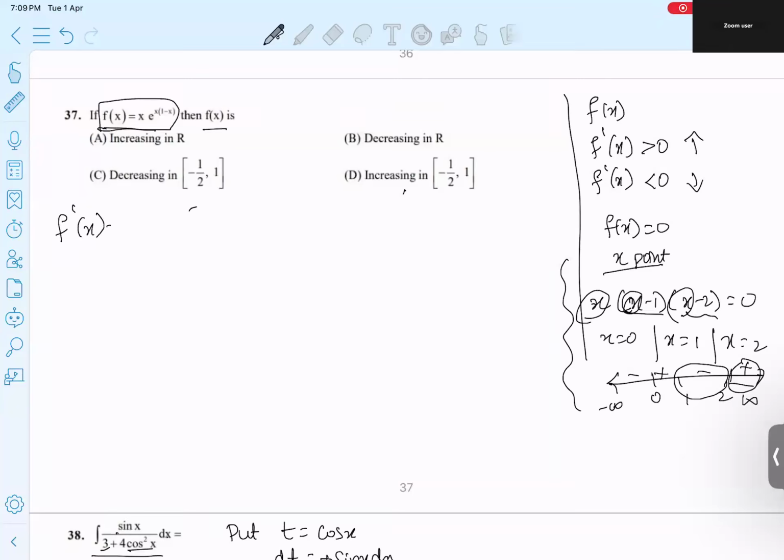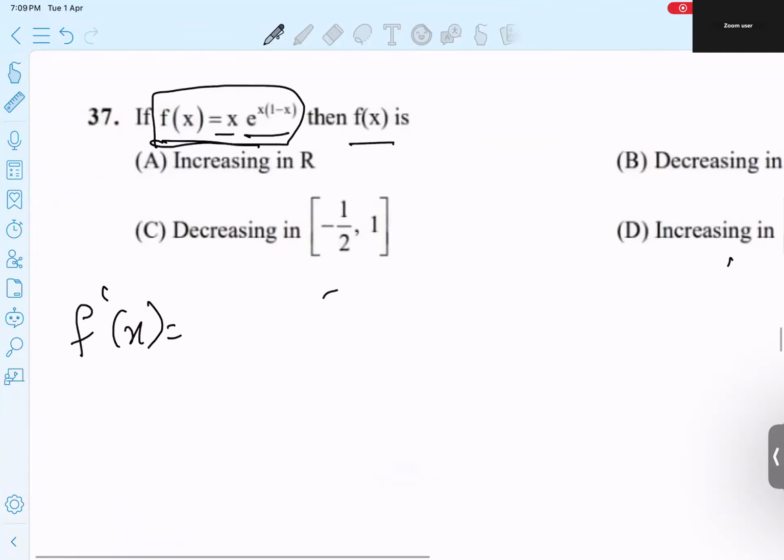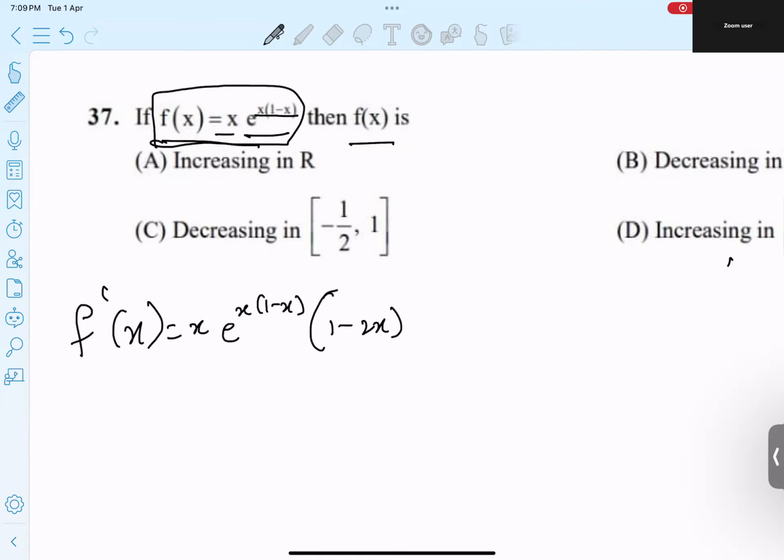F dash of x is equal to, just apply the product rule. Just apply the product rule, students. First function, integral of e power x into 1 by x is e power x into 1 minus x. Now, x into 1 minus x, if I multiply inside a bracket, I'll get x minus x square. X minus x square differentiation gives you 1 minus 2x.